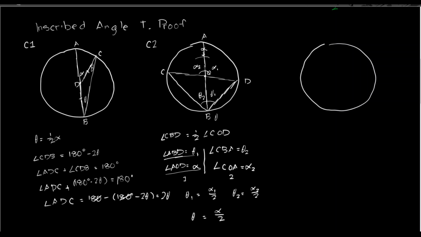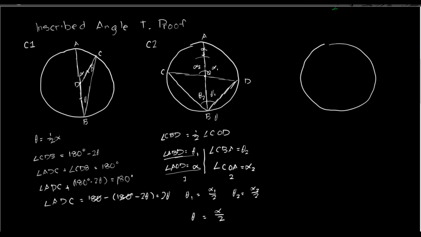But if we look back to case 1, we can see that trying to prove theta 1 equals alpha 1 over 2, and theta 2 equals alpha 2 over 2, it's basically just like proving our first case twice, which we have proven.